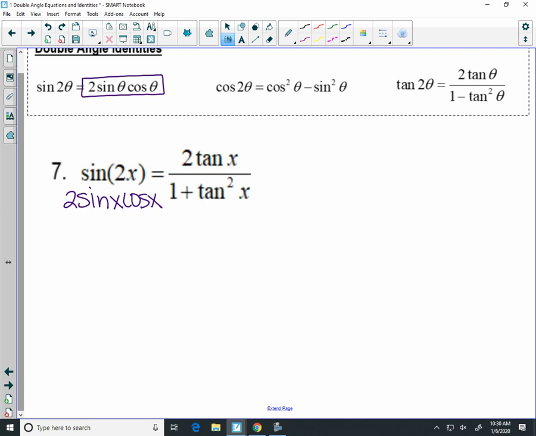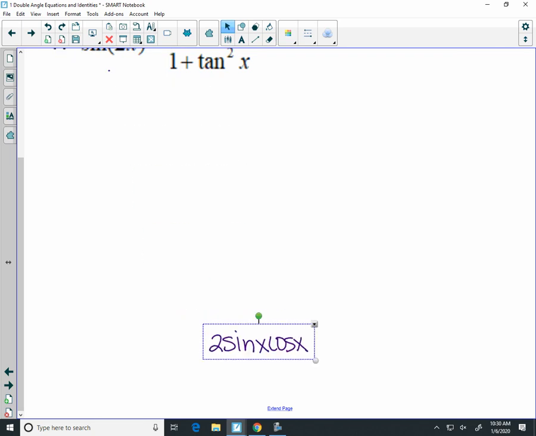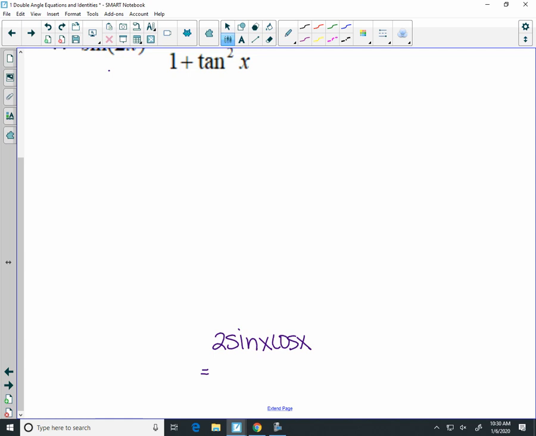Any way to get 2 tangent over 1 plus tangent squared out of that you can think of? Just off the top of your head. Yeah, I don't think so. So I'm going to throw it to the bottom of my proof, and I'm going to keep an eye on that as my goal.